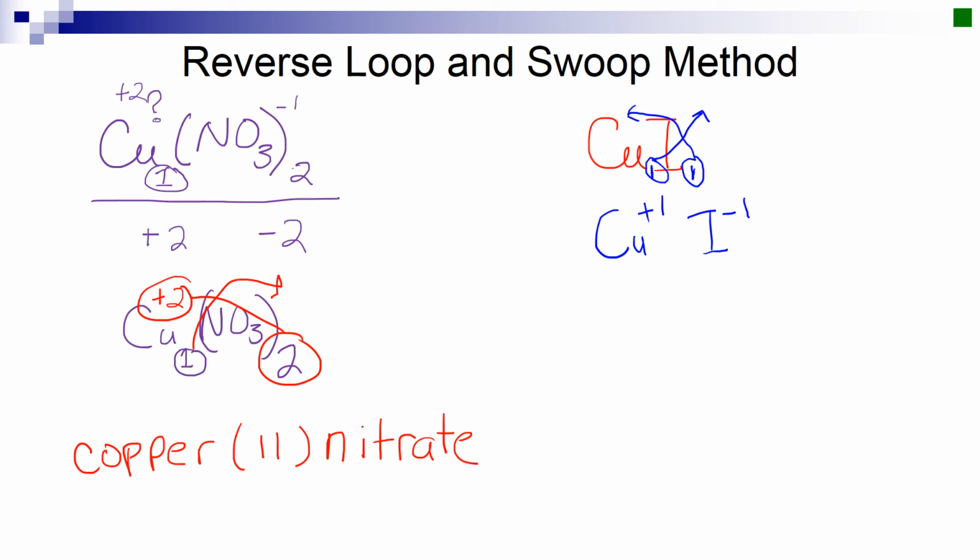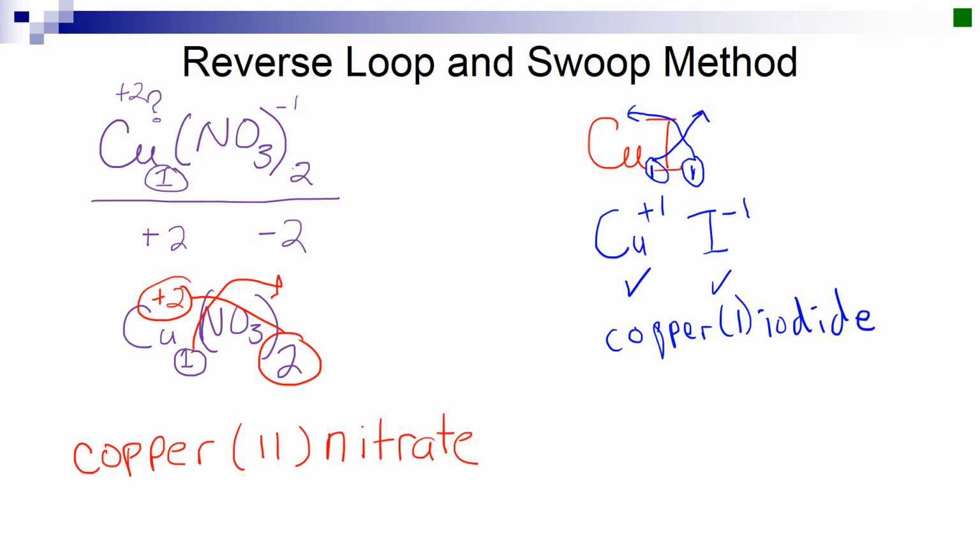And we can check, and yes, iodide forms a -1. So therefore, in this case, copper is forming a +1. So if we write out the name, the copper with parentheses would only have a 1 for the Roman numeral, and then your normal iodide.